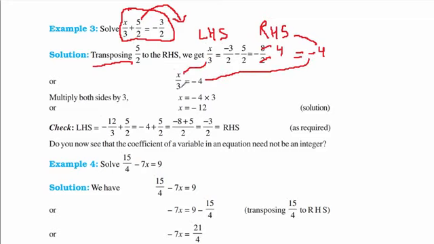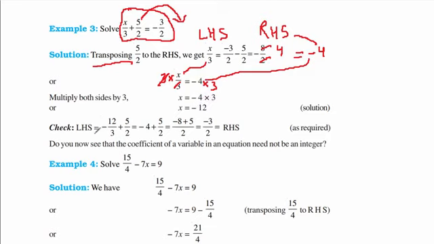Now we have to get rid of this 3. So we could multiply both sides with 3. If we introduce 3 here in multiplication, we have to do the same here as well, into 3. So this 3 gets cancelled out and we are left with x equals minus 4 into 3. And when you solve it, it is x equals minus 12.